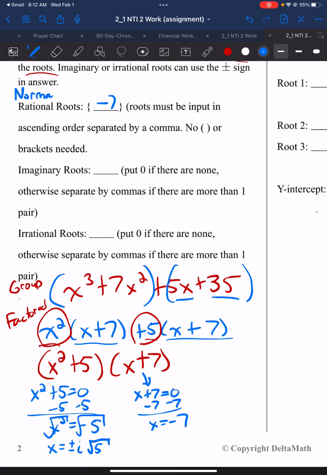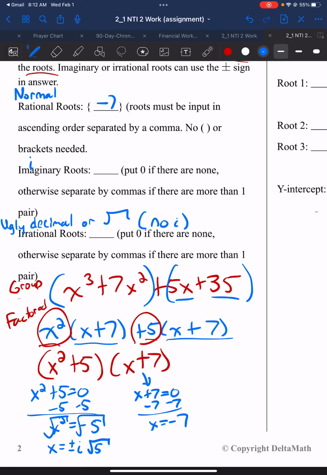I'm trying to think of the best way to describe it. It's a normal number. Okay, imaginary roots means you're going to have an i, and irrational means you're going to have an ugly decimal, or square root, but there's no i in it.